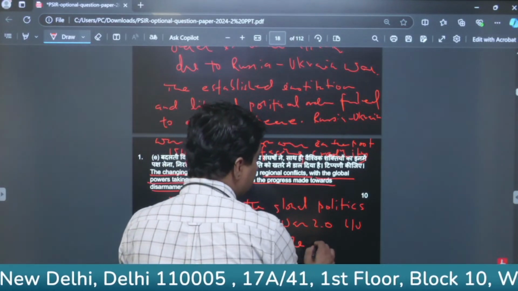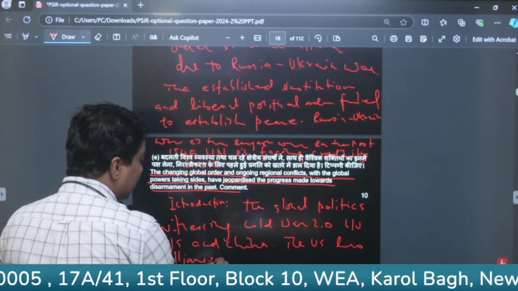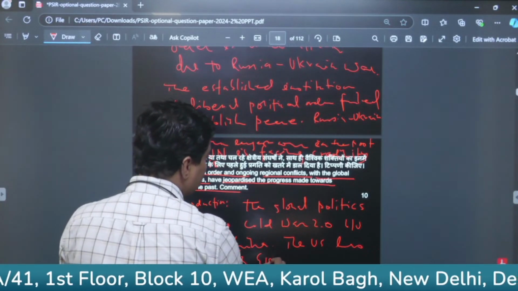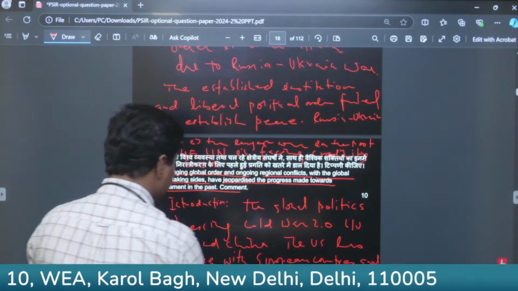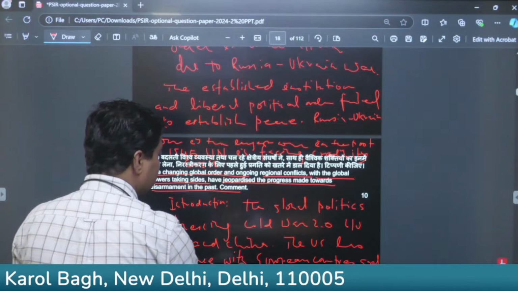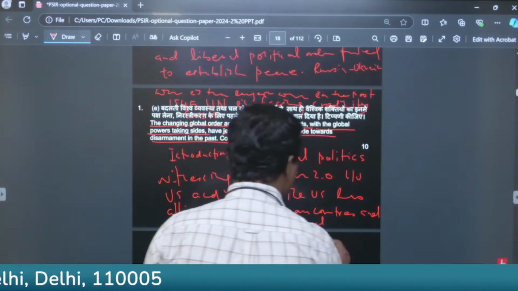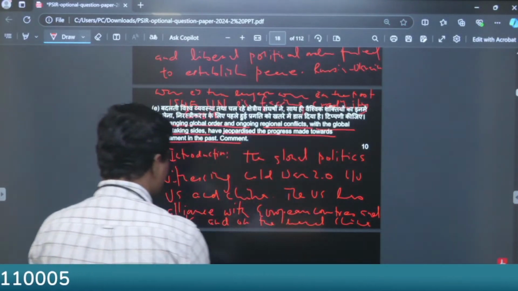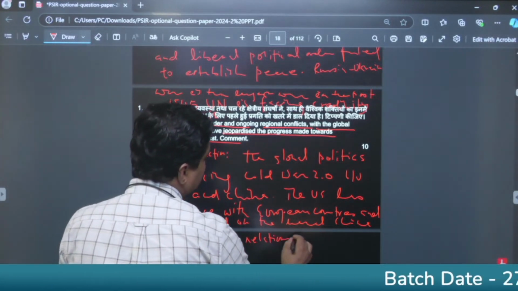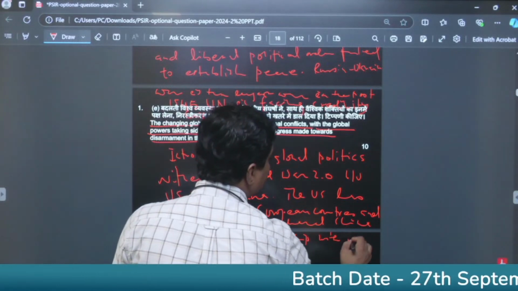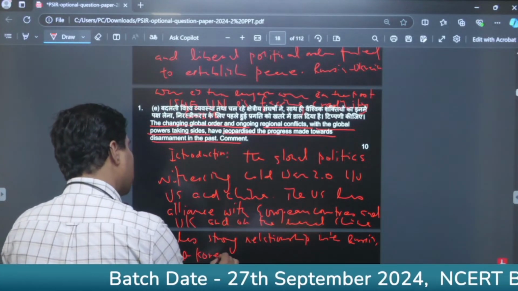The US has alliances with European countries and the UK, and on the other hand, China has a strong relationship with Russia, North Korea, and Iran.